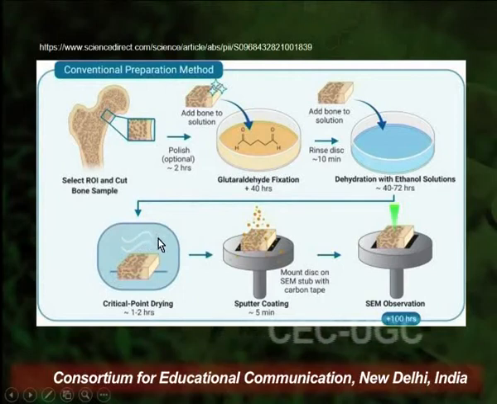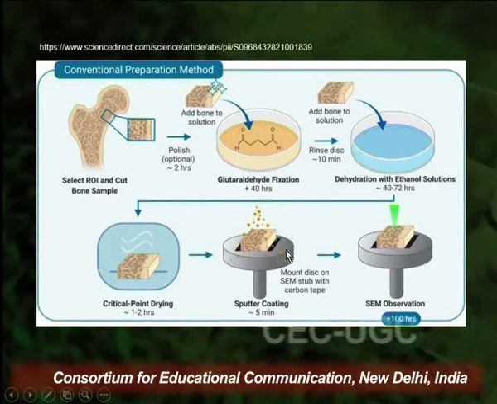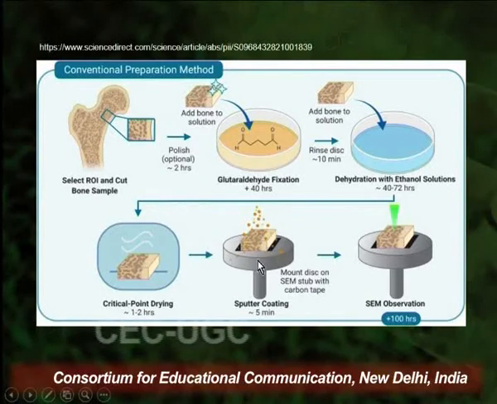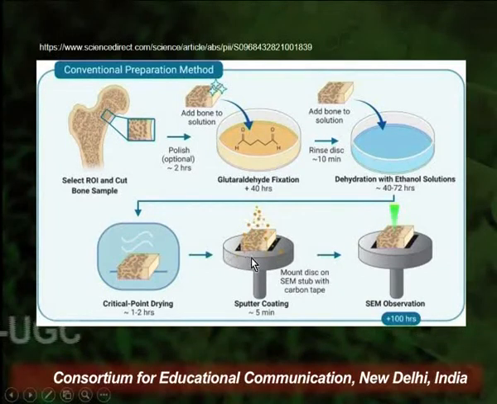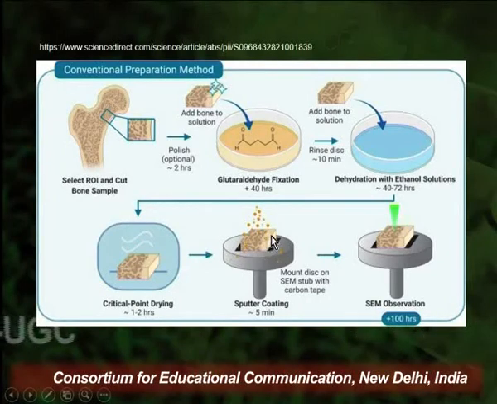Now, the sample is covered with carbon sheet on both sides, and on this carbon sheet, metal coating is done with the help of a sputter coater. This metal coating is done by applying gold or palladium metal. This coating is so thin that it exactly conforms to the surface contortion, or the surface topography, of the sample.